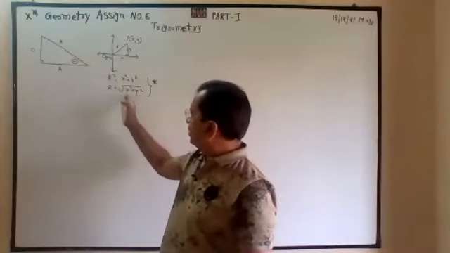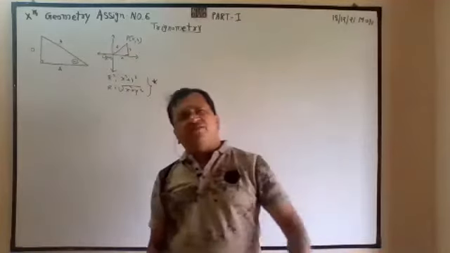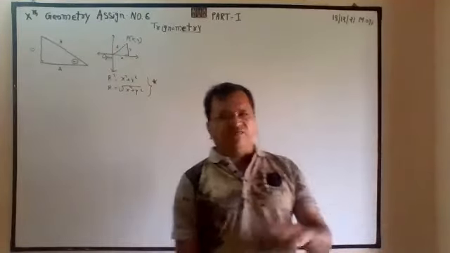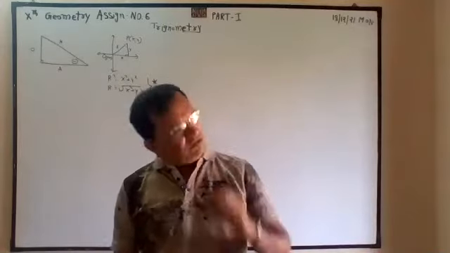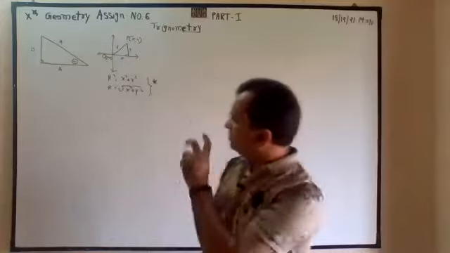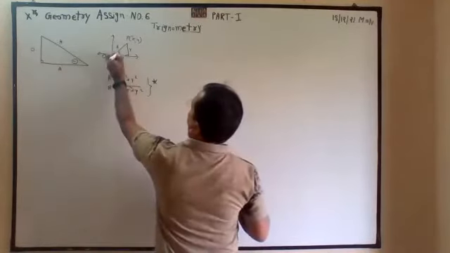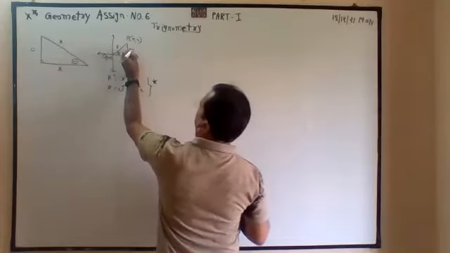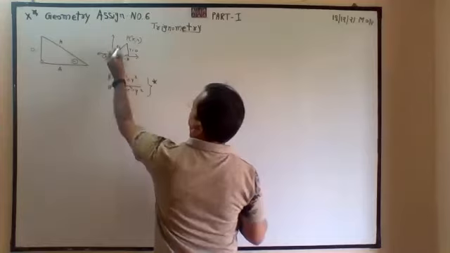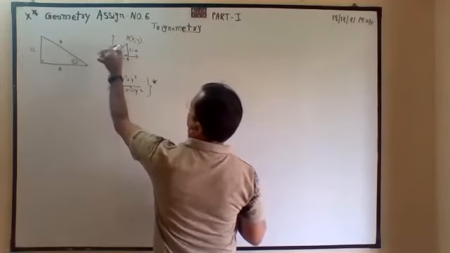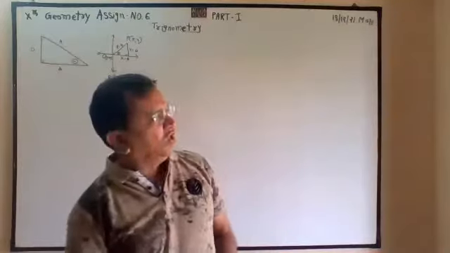Or they can ask, write the formula to find the distance of a point from the origin. So we will use that also, and at that time our theta will be this. So opposite is y, adjacent is x, and this hypotenuse will be r. R means the distance of that point from the origin.